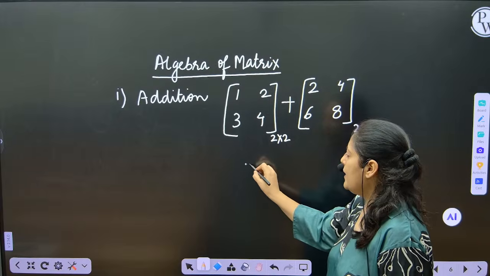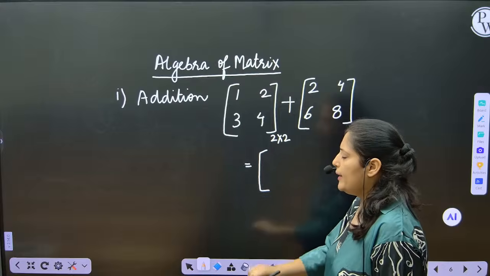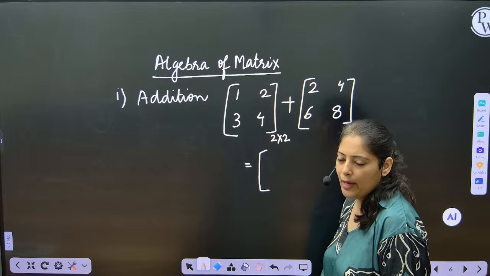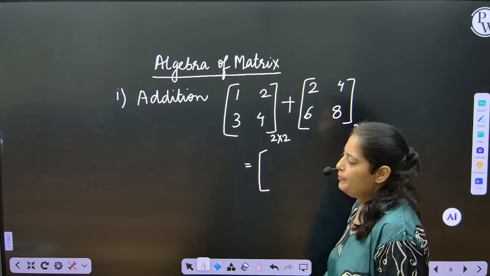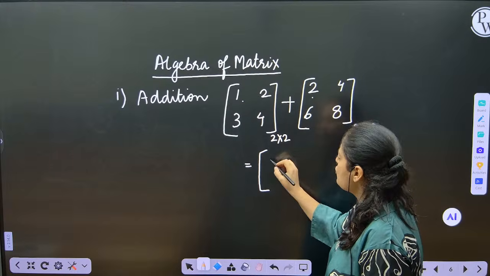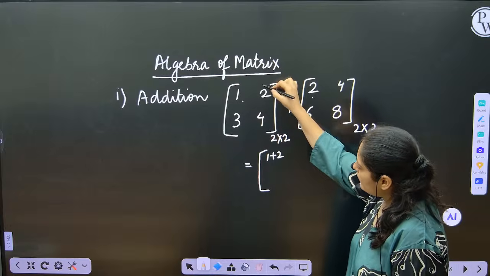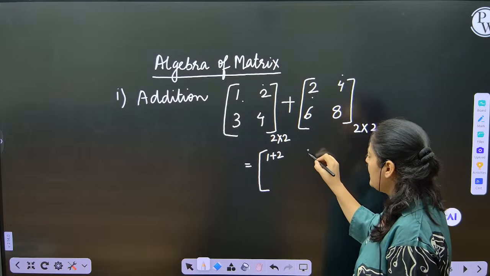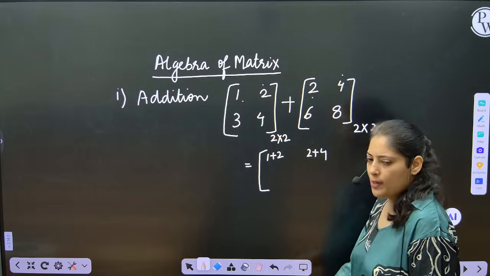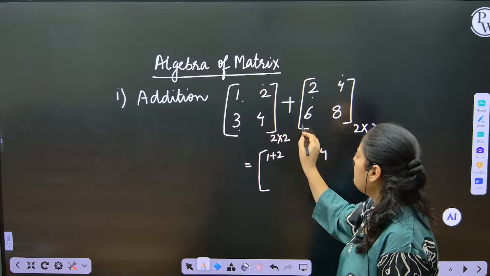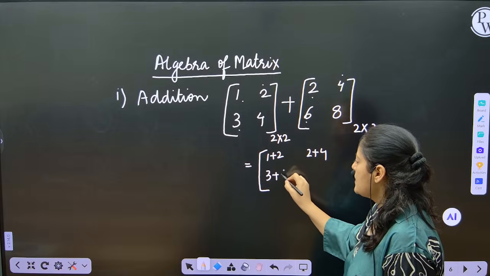Now we'll add only the corresponding elements. 1 plus 2, corresponding elements. Now this 2 and 4 are at the same position: 2 plus 4. 3 plus 6.